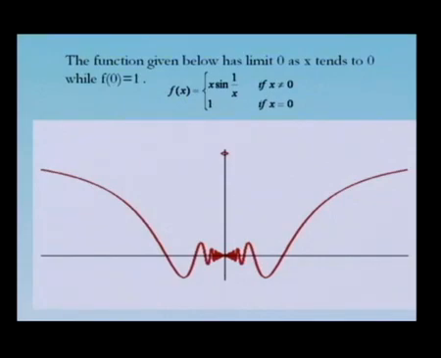See, when x is reaching 0, f is also reaching 0. You can see this either from the left hand side or from the right hand side. That is, from both sides, when x is reaching 0, f is reaching the unique number 0. So f has limit 0 as x tends to 0.